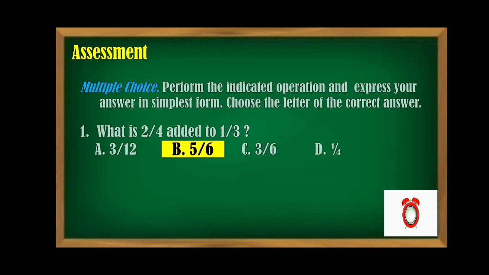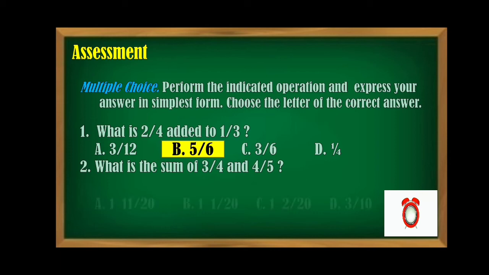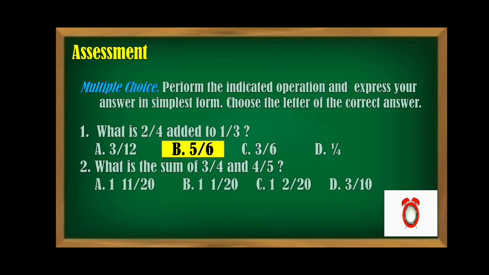How about number 2? What is the sum of 3/4 and 4/5? Is it A, 1 and 11/20, B, 1 and 1/20, C, 1 and 2/20, D, 3/10? The correct answer is letter A, 1 and 11/20.